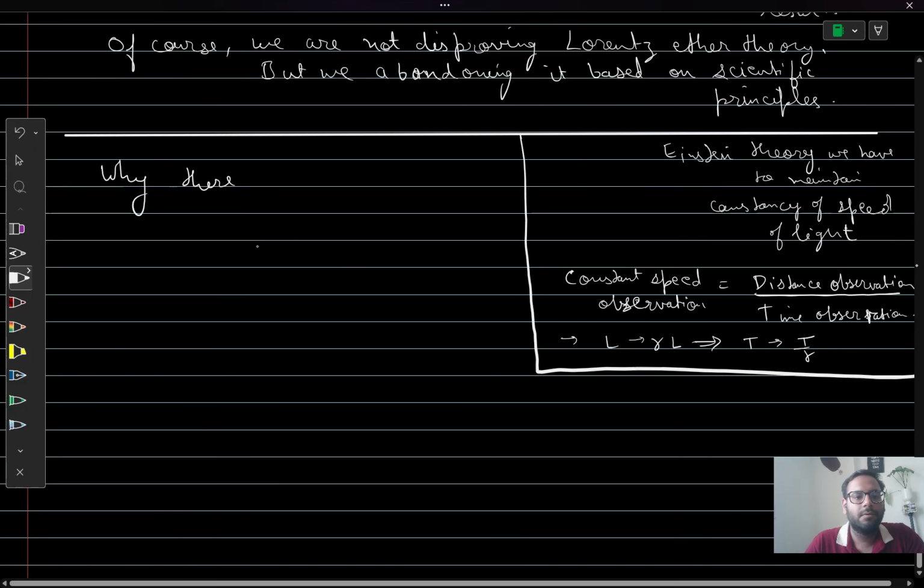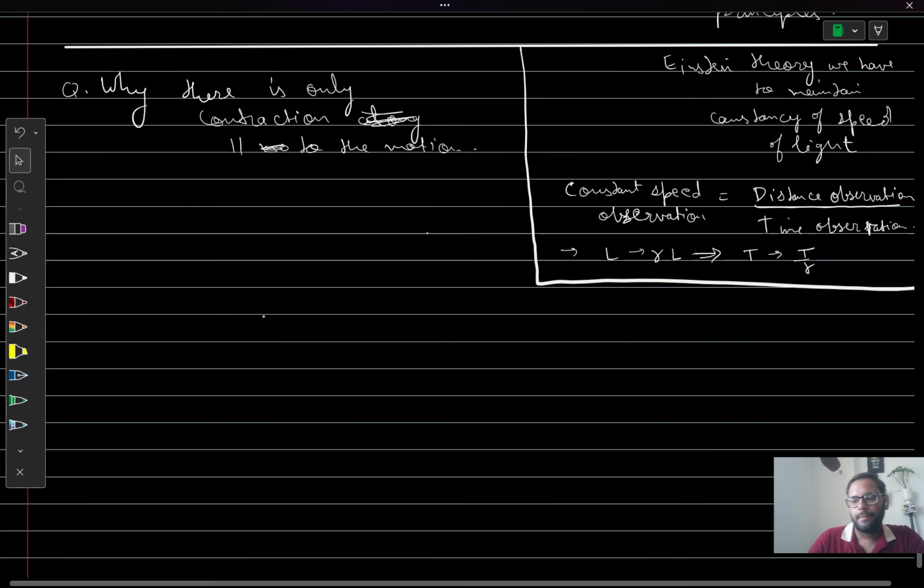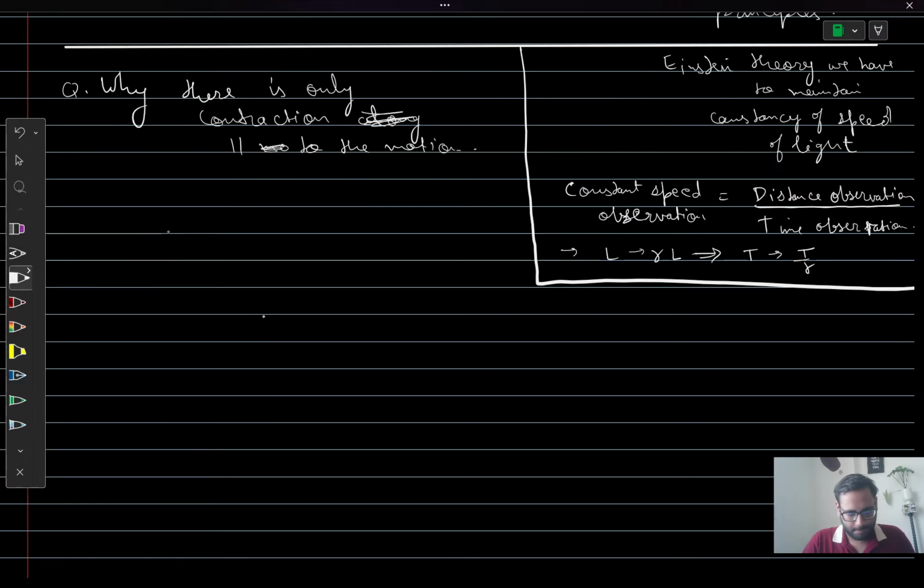Now the question is, why is there length contraction only along the parallel direction, or say length contraction only parallel to the motion?